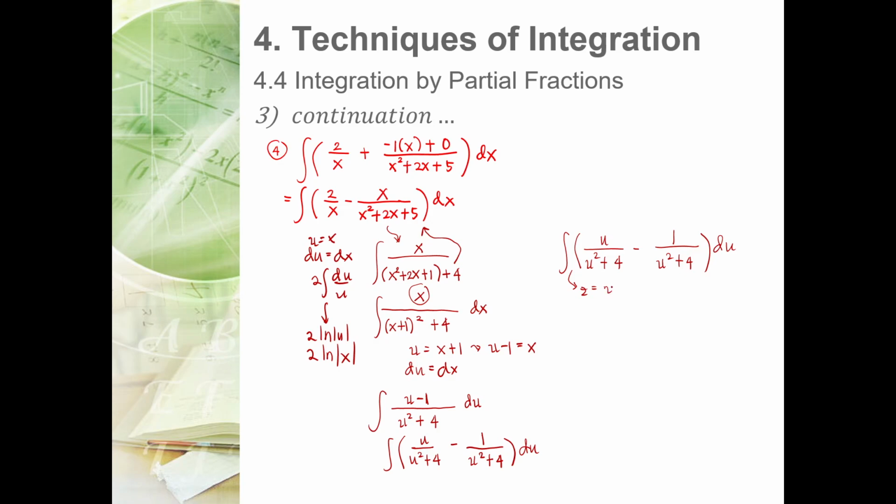So z equals u squared plus 4. The derivative for this one is dz equal to 2u du. Notice that the numerator has a u du here, diba? So isolating u du, you have dz over 2 is equal to u du.